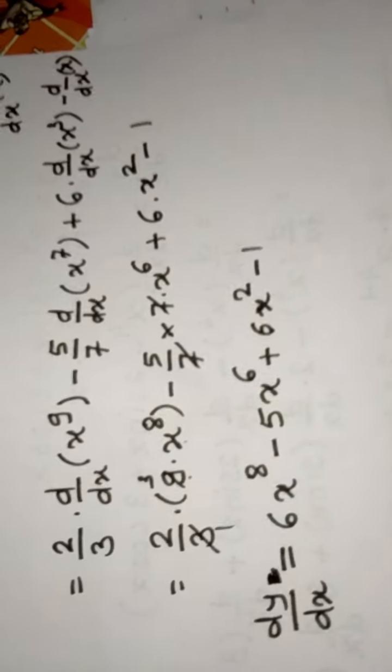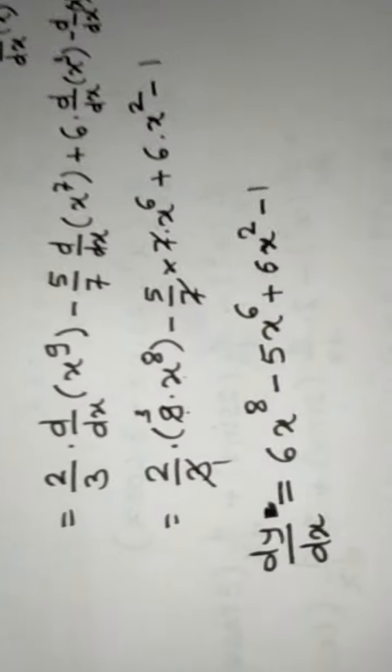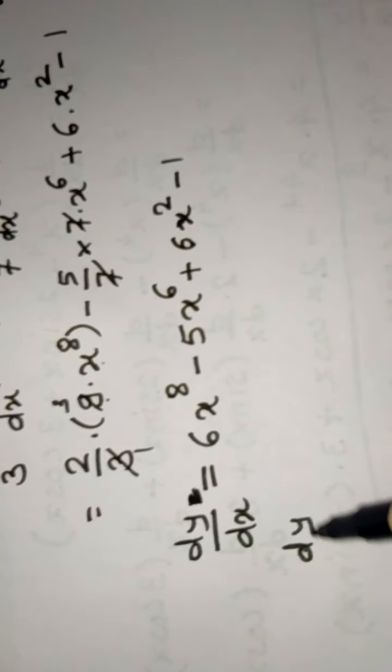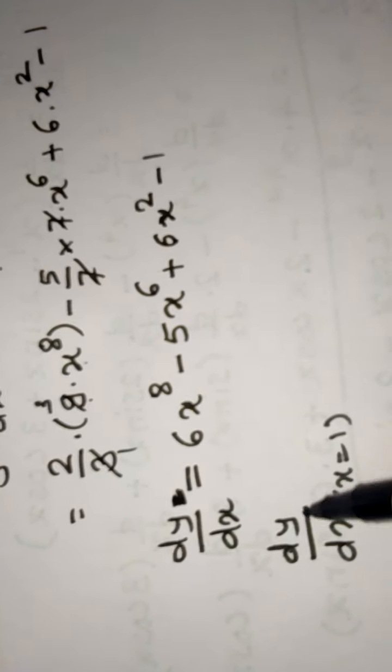Now we have to find the derivative at x equal to 1. Now take dy by dx at x is equal to 1.